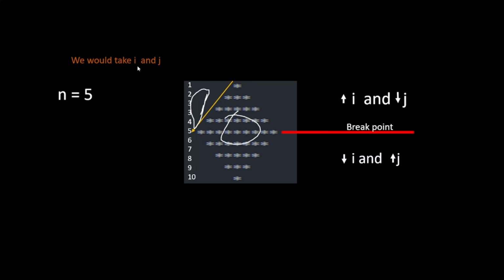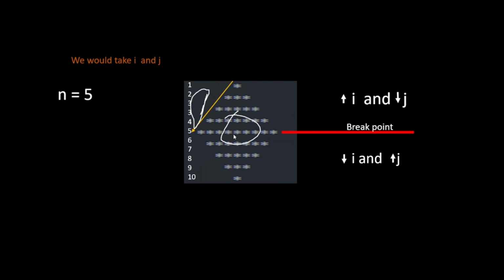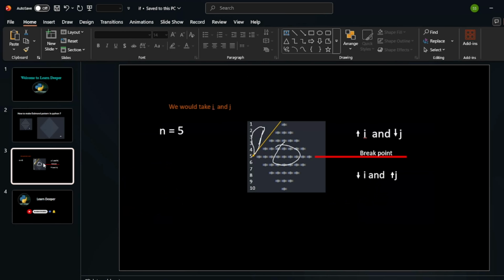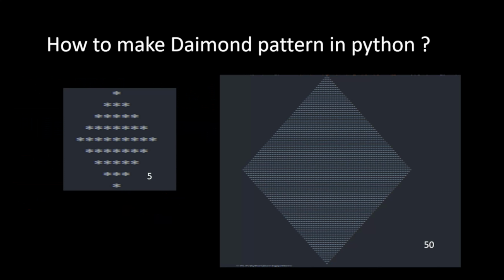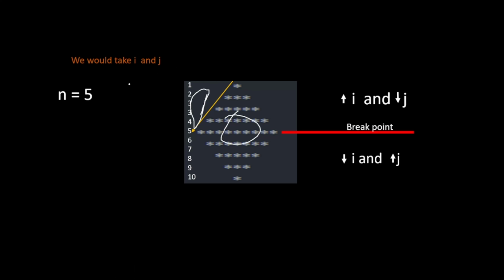So we will take two variables, one is I and one is J. First of all, let's see this picture. My input was 5 and we are having about 10 lines.